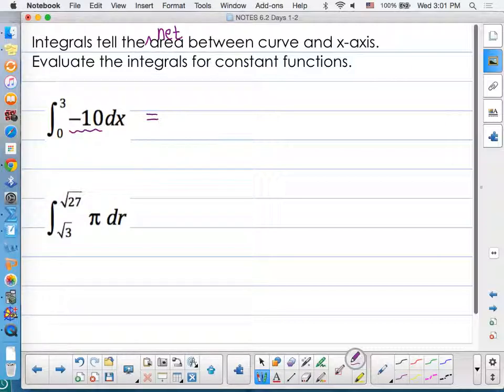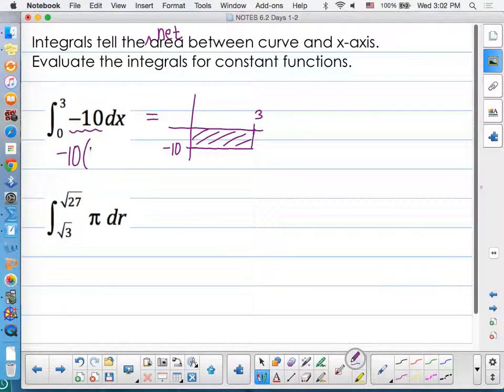So when you think about the area for this, my function would look like this, and I'd be asking for the area from 0 to 3. And that area itself is positive. Area is always positive. However, by location, that's negative 30. So integral of negative 10 from 0 to 3, that's negative 10 times 3 minus 0.